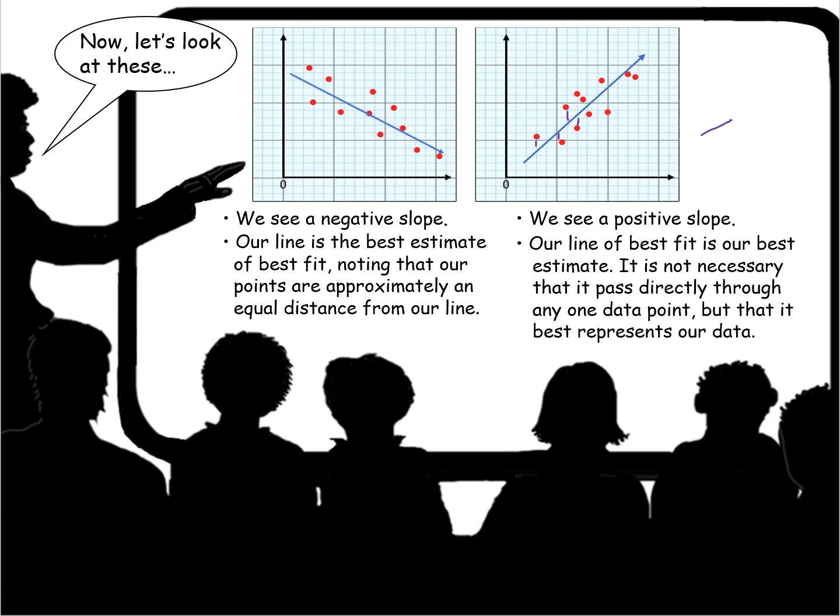Now this line could possibly be moved a little bit down, so we can angle it maybe a little better. From here, we could possibly angle it a little better this way. But again, it's just an estimate. It's our best guess for a best fit.